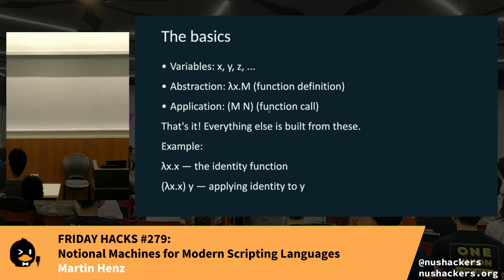Here's an example. This is the identity function, a function that returns its argument, lambda x dot x. Here is a way to apply this identity function to the variable y, right? You apply this function to y, and the result is, of course, y itself, right? So the function returns its argument, and therefore we return y.